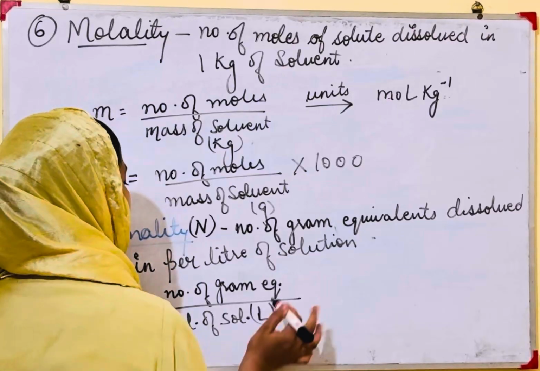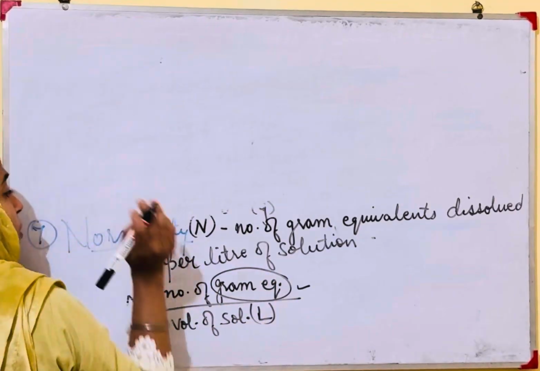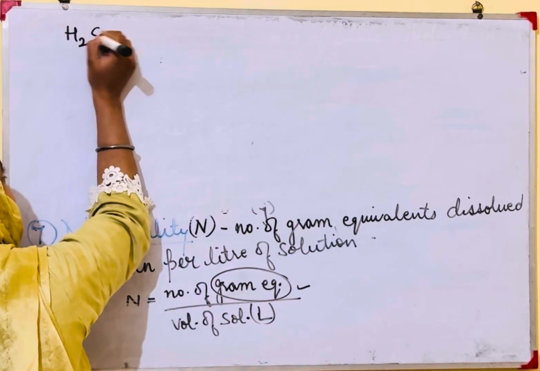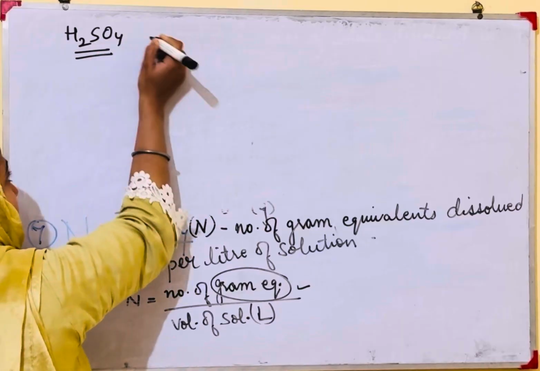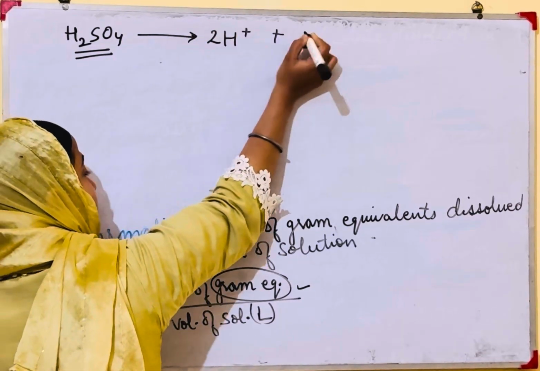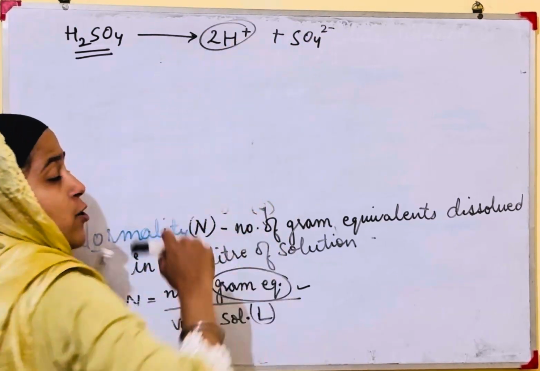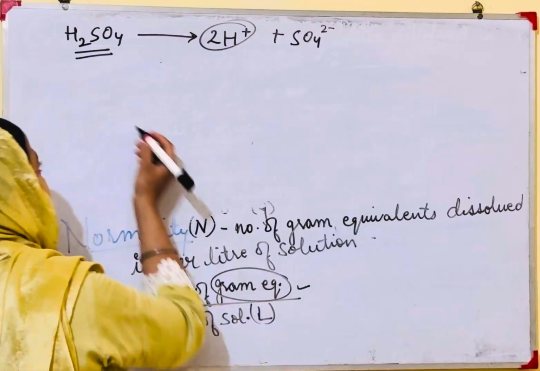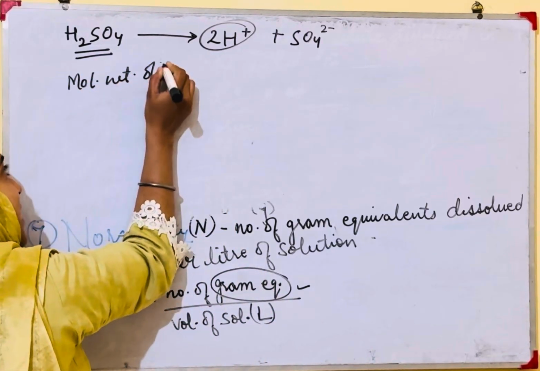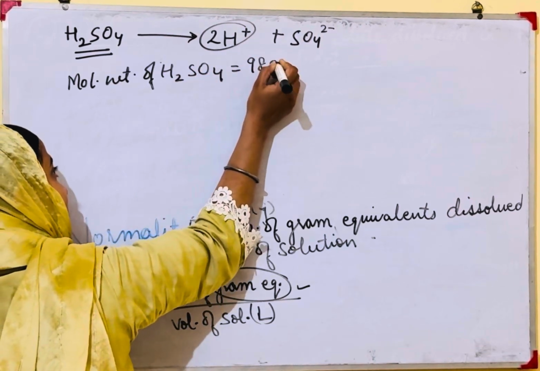Now here the question arises, what are gram equivalents? As we know about molecular weight, if we consider the example H2SO4, it will break and give 2H positive and SO4 2 negative. So what is the molecular weight of this H2SO4? This is 98 grams.